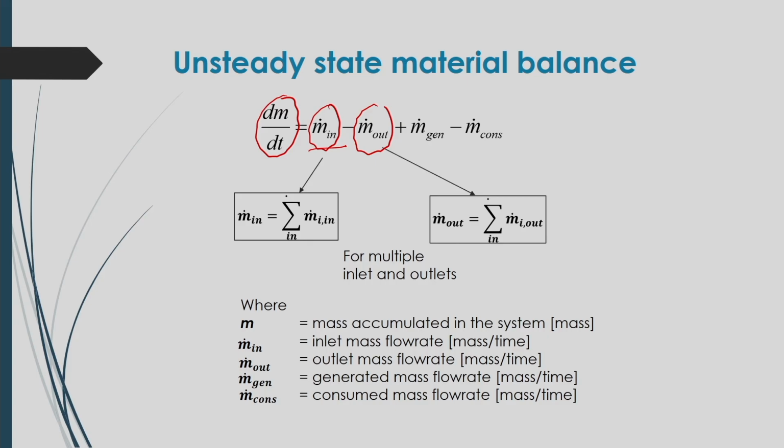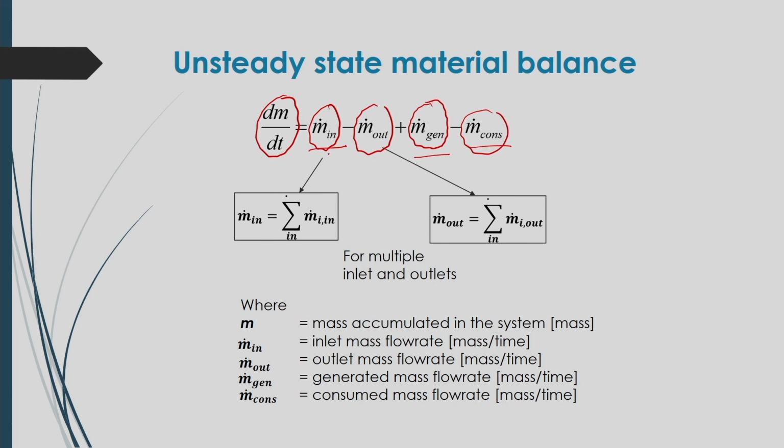At the same time, if any material is generated in the system, you have to consider that as m dot generation, whereas if any mass is consumed during the process, you also have to consider that as a rate of m dot consumption.